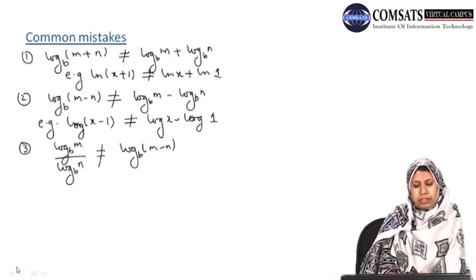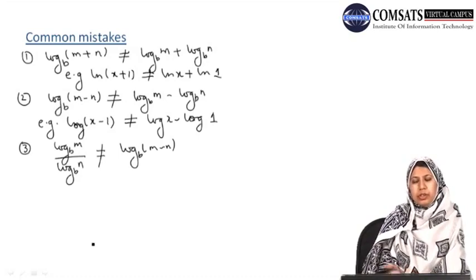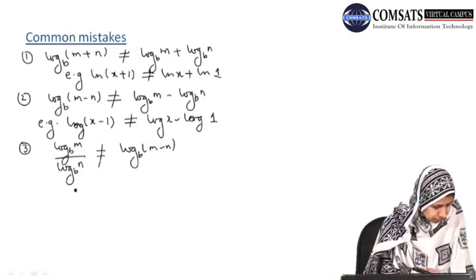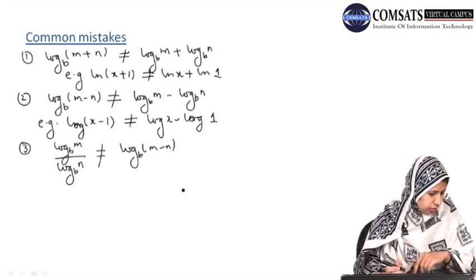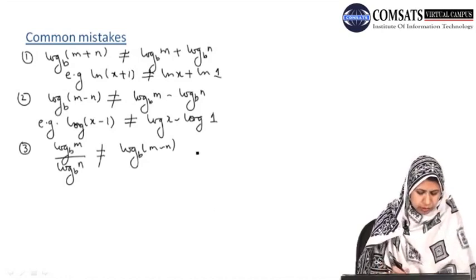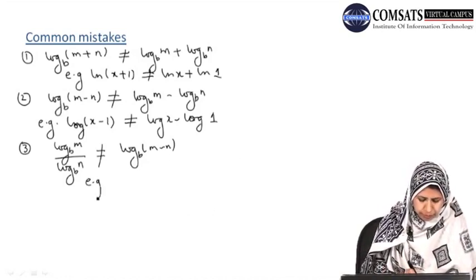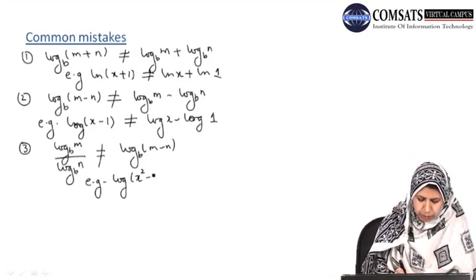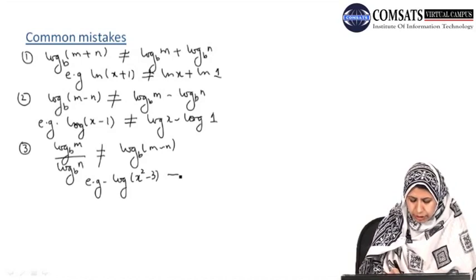That is, log of the ratio is not equal to log of the difference. For example, log of x square minus 3 can never be equal to log of x square divided by log of 3.